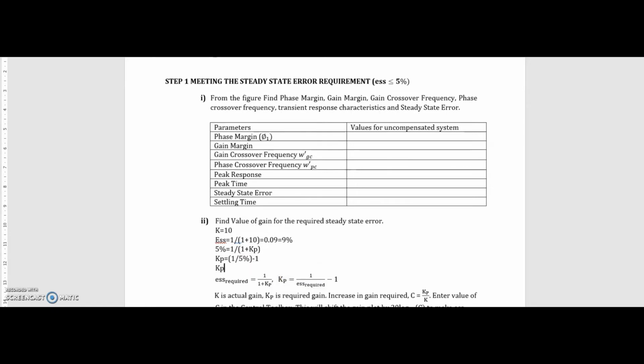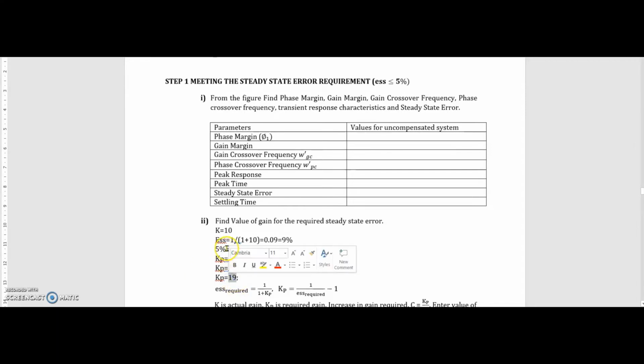So the gain of our system will be 1 divided by 0.05, that is 5%, minus 1. So Kp comes out to be 19. So 19 is the desired gain for 5% error, and the actual gain of the system is 10.